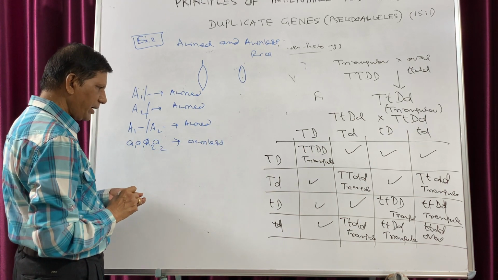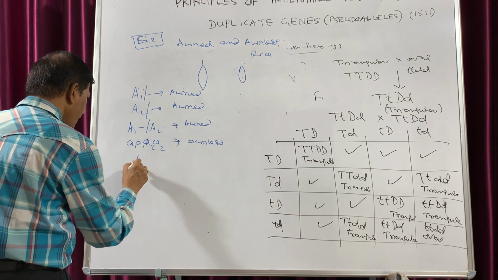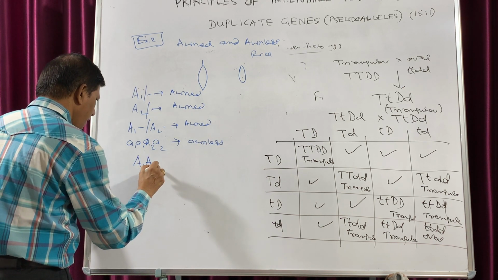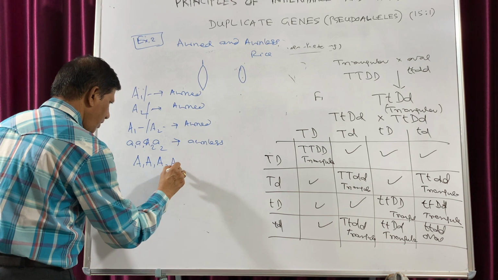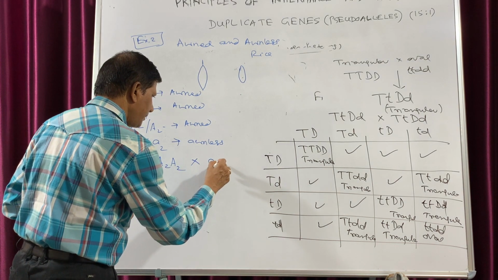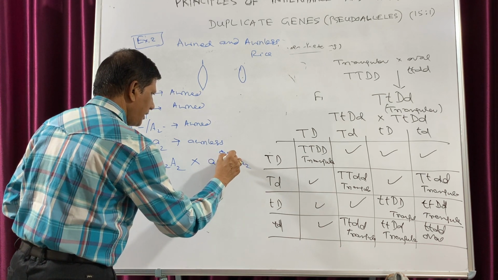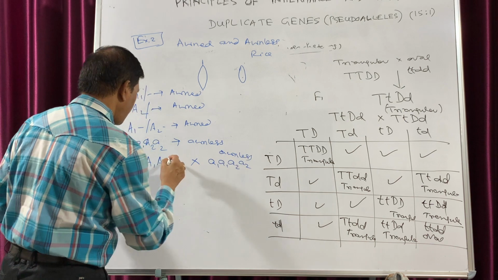So if a cross is made between a pure awned with a pure awnless, this is awnless and this is awned.